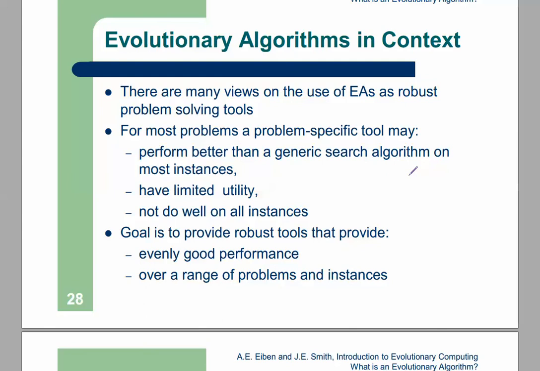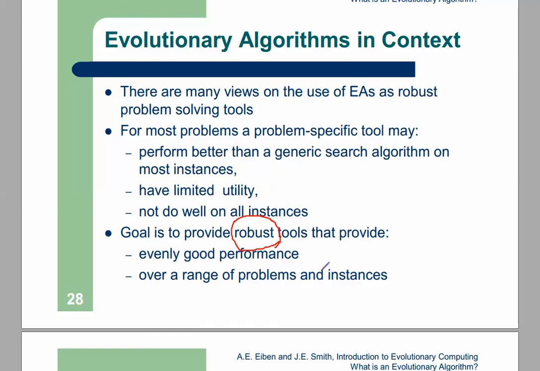Evolutionary algorithms have many types and versions for many problems, and we explain the version and the specification of this algorithm in the next section. This algorithm is a robust tool.